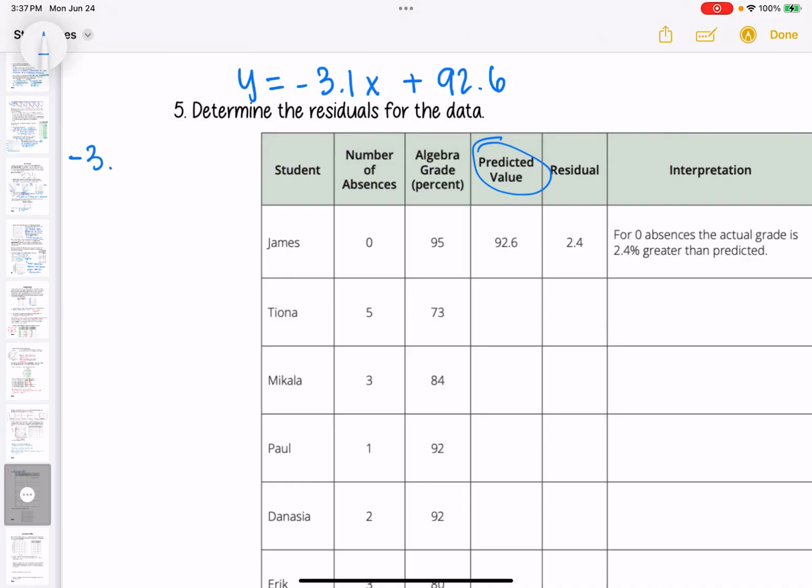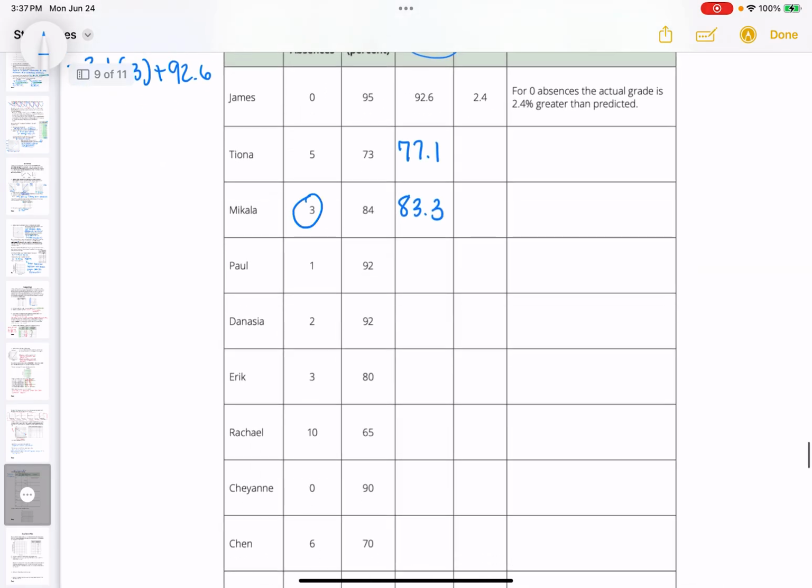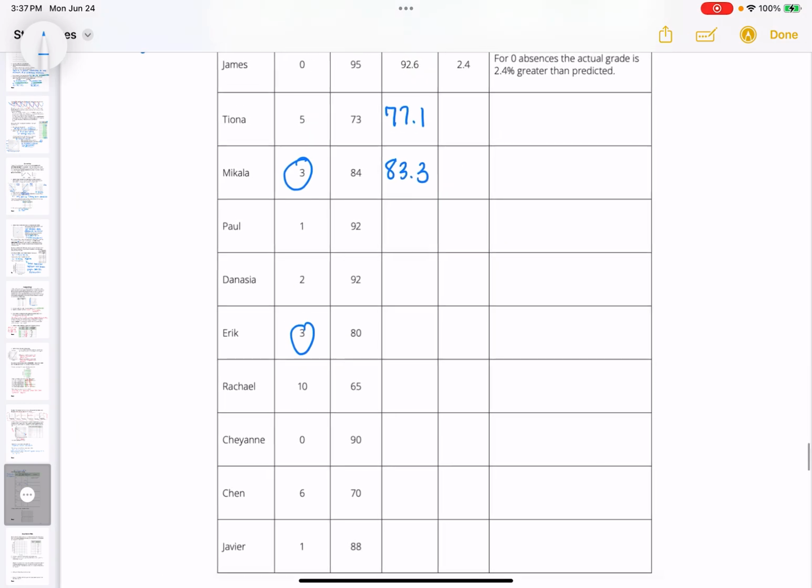So I would have negative 3.1 times 5 plus 92.6, and that would give me 77.1. Then I would go to the next one. Negative 3.1 times 3 plus 92.6 is 83.3. So I'm going to look for all of my 3s, and those will all have 83.3.